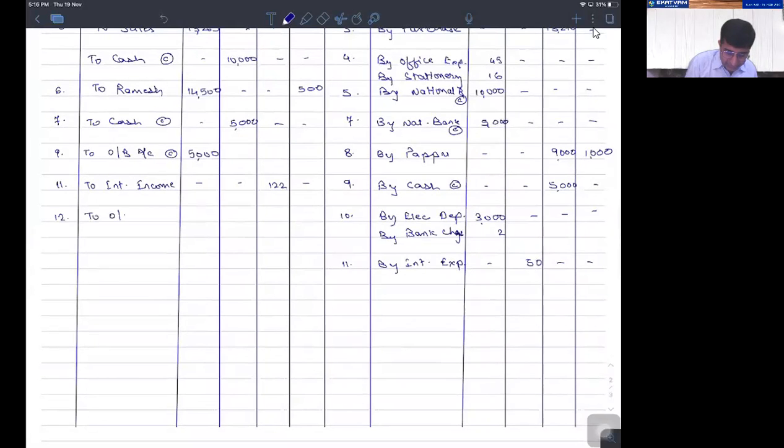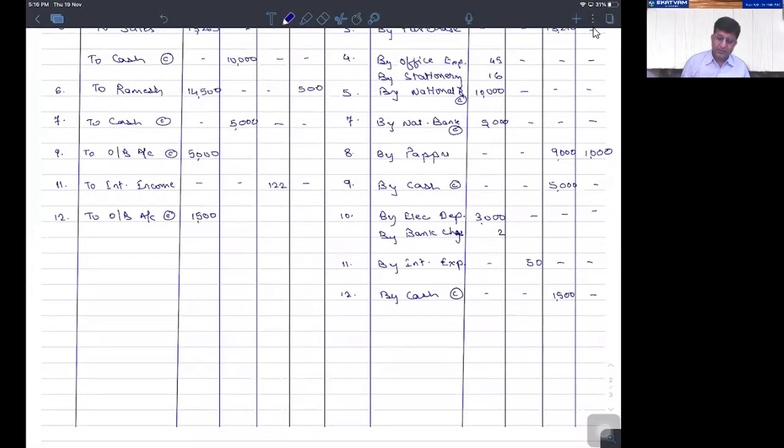To overseas bank account being a contra transaction in the cash column, rupees 1,500. And at the same time, I'll be writing onto the credit side for the contra transaction to complete by cash being a contra transaction in overseas bank column 1,500.